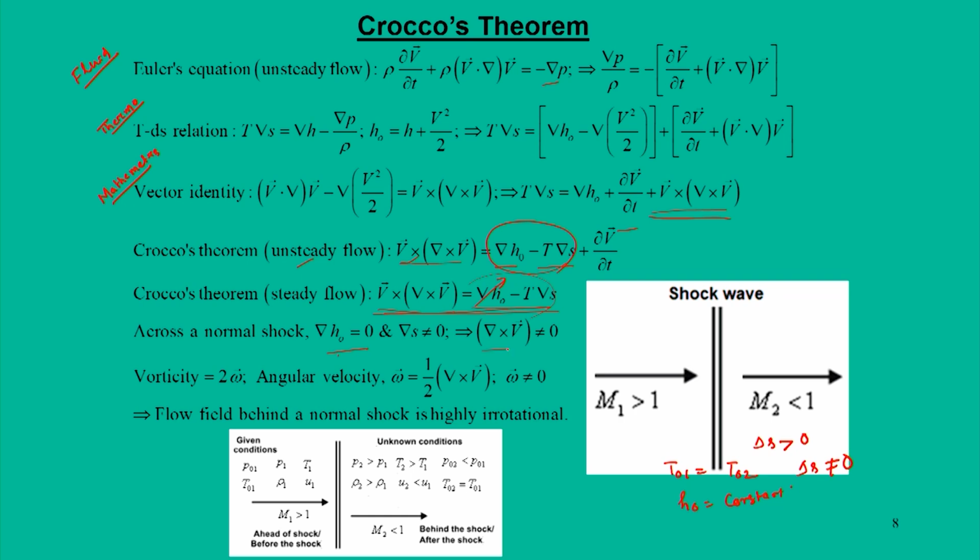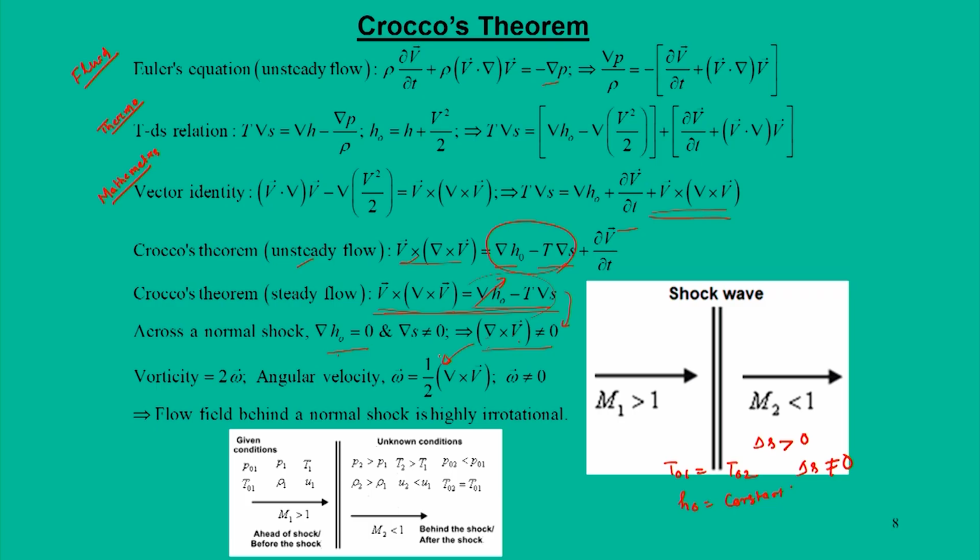Which means the cross product of the gradient and the velocity vector cannot be 0, and this particular term is nothing but the angular velocity.